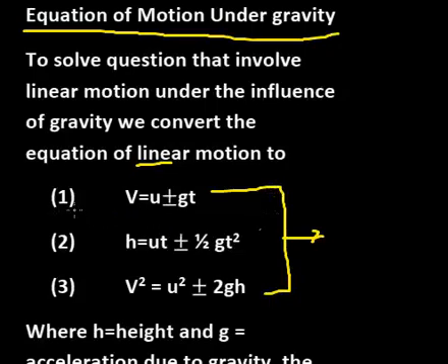As you can see, number one, equation of motion under gravity, is V equal to U plus or minus GT. Why the plus or minus? I'm gonna talk about that. But you discover this is the same equation I gave you previously. The only difference you see here is that A is being replaced by G.